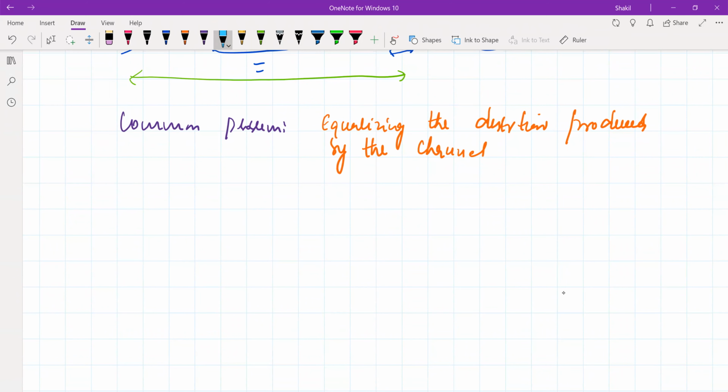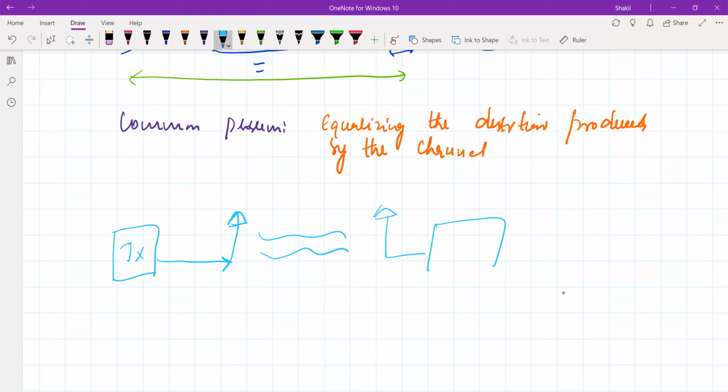Suppose we have a transmitter transmitting a signal. This signal travels through the channel, whether wired or wireless, and is received by the receiver. In the channel it gets contaminated by noise and distortion is introduced into the original signal that was transmitted.